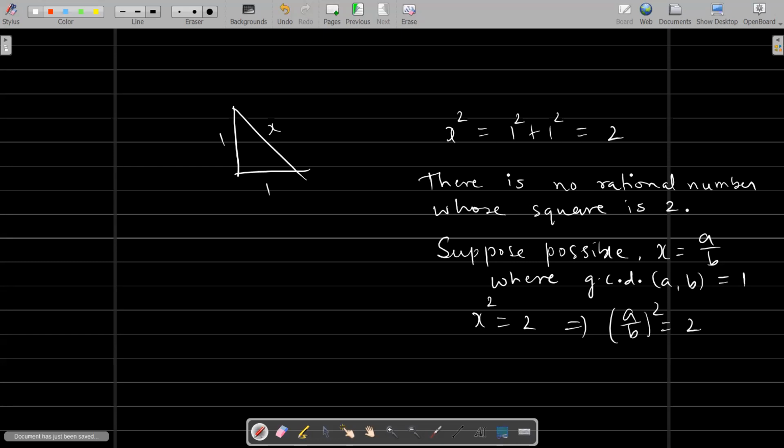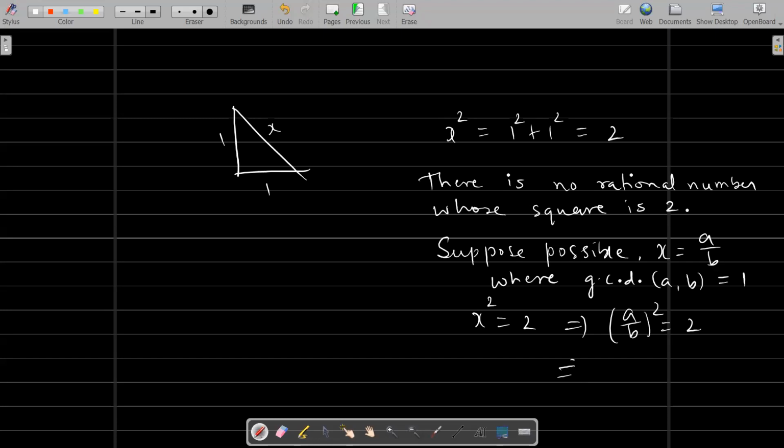Sir, I was having a similar proof like that. Would you like to continue with this? Yeah, go ahead. So I can say that a square upon b square is equal to 2, right?